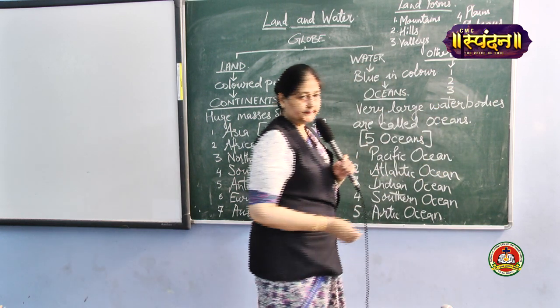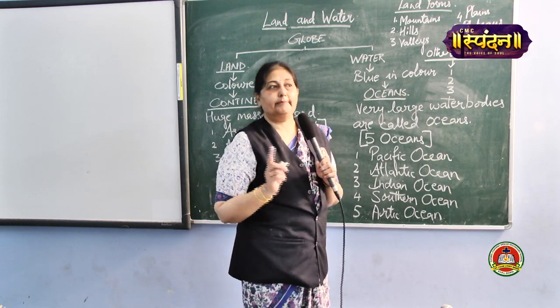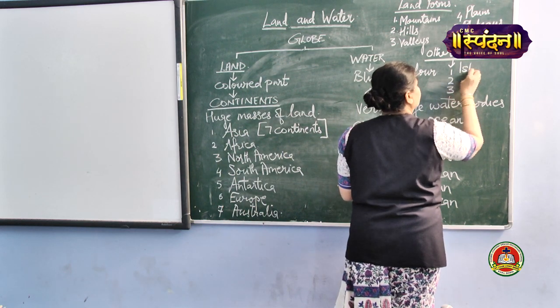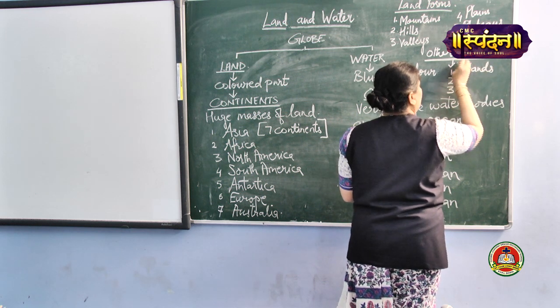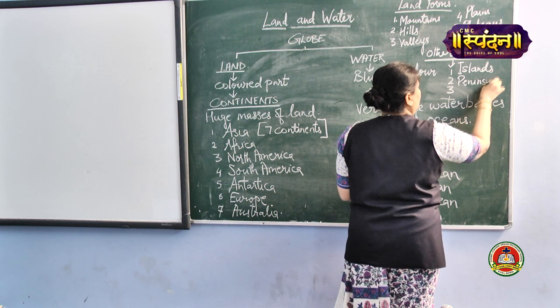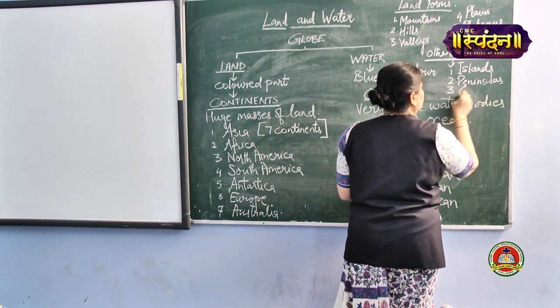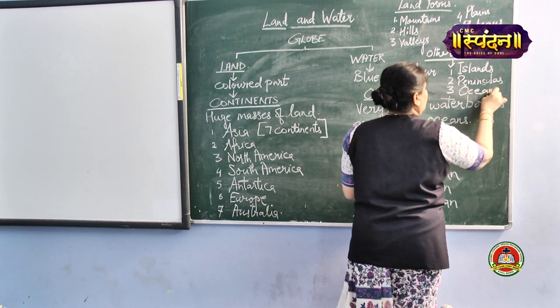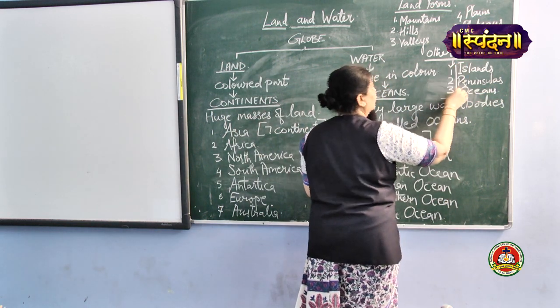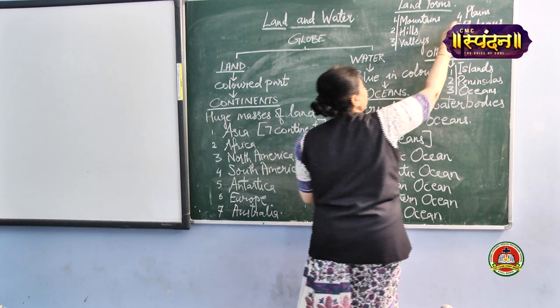Here you have got islands, peninsulas and oceans. Correct? These 3 and here they are 6.